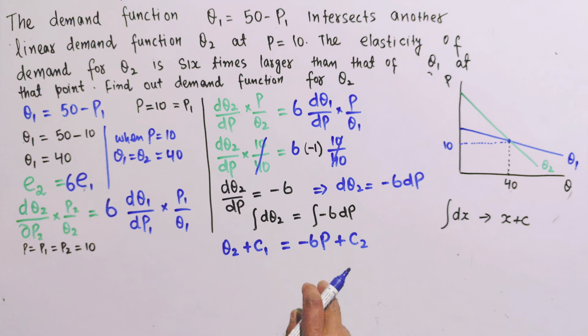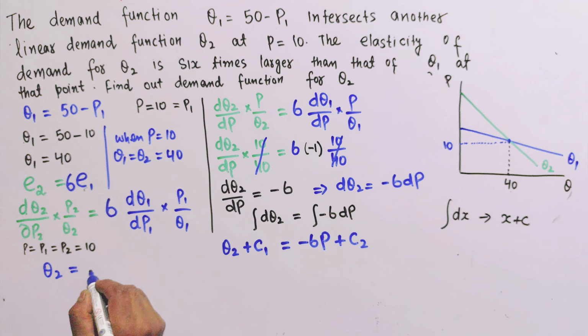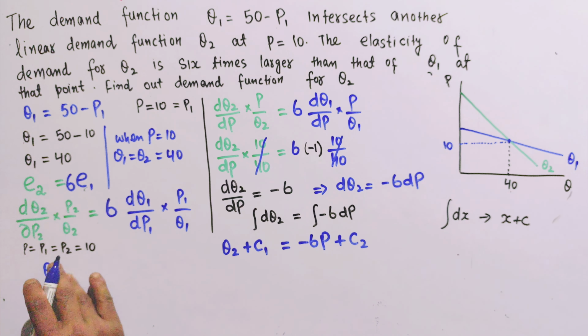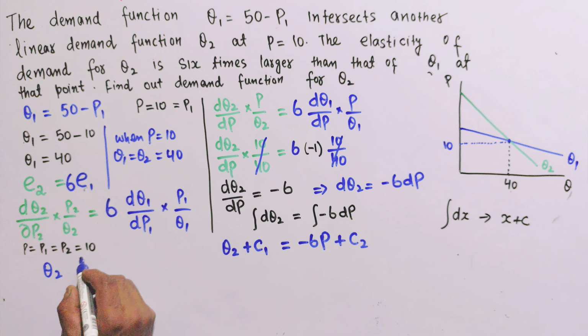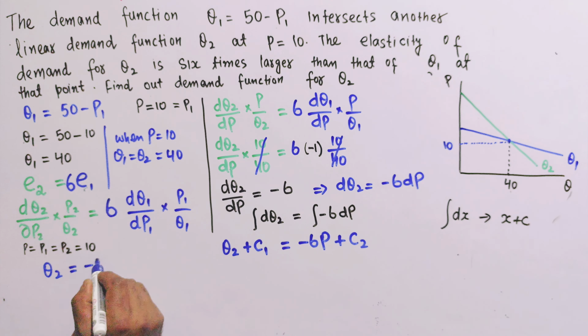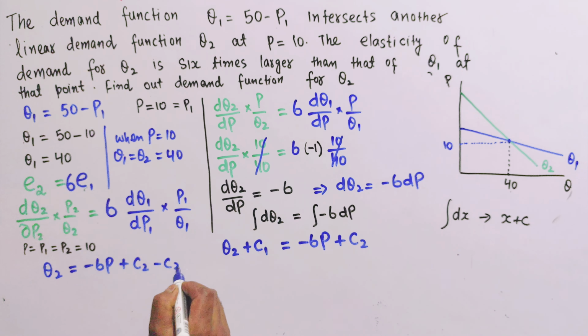And we also know P is equal to 10. So can we write it like this? Q2 will be equal to minus 6 times P plus c2 minus c1, transposing this.